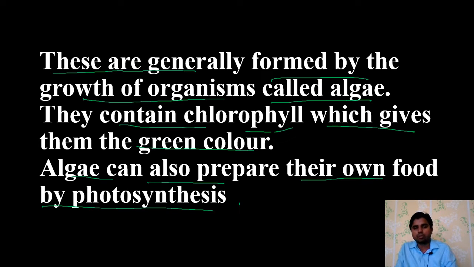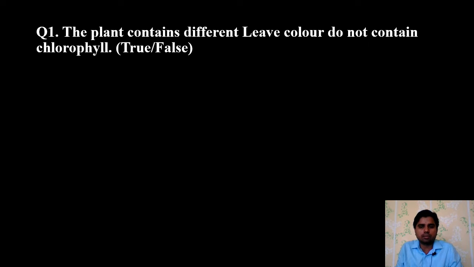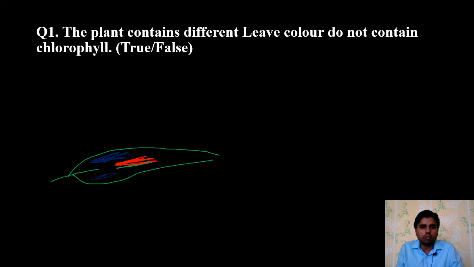Moving forward, students, now you have to tell me: plants with different leaf colors do not contain chlorophyll. Just now we have studied, students, that leaves colored by red or some brown pigments are also there. So what do you think?